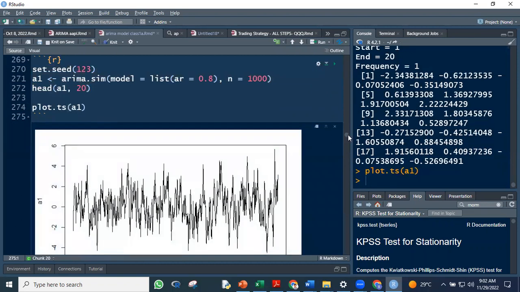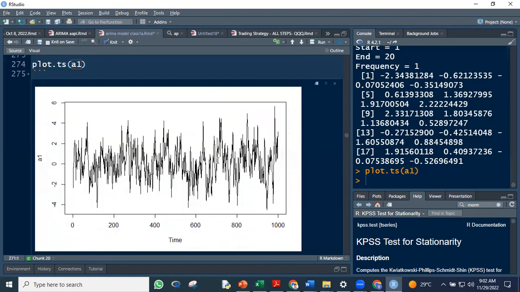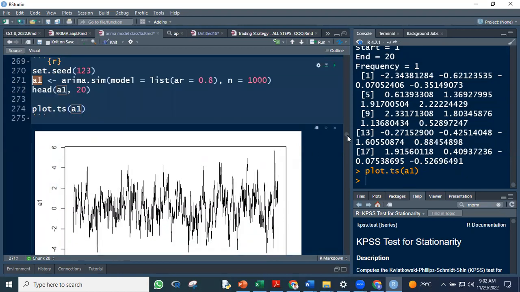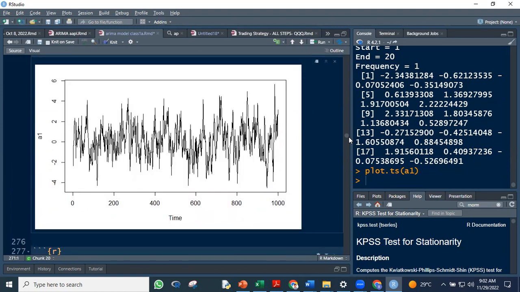Okay, as you can see, yung sinimulate natin na object A1, ano siya? It's stationary, no? It's stationary. Diba? No constant mean, constant variance. Kasi this is an AR1 model to. AR1 siya.